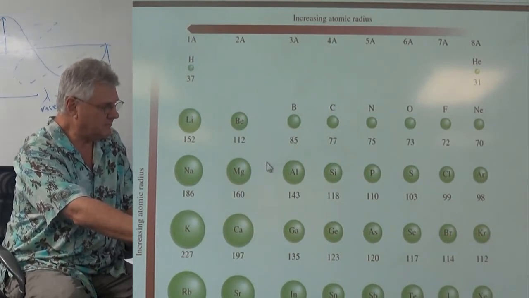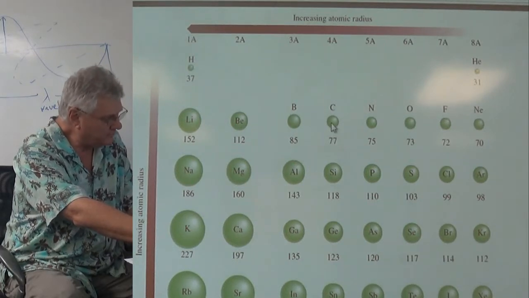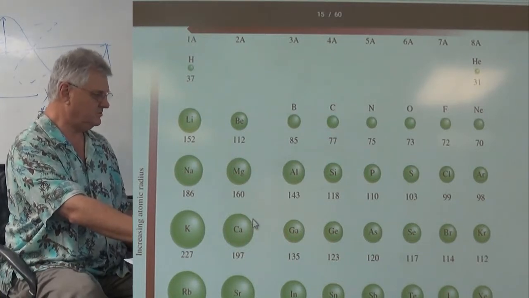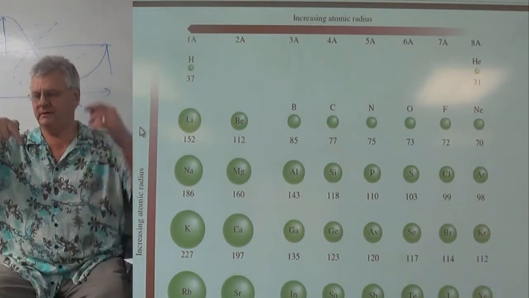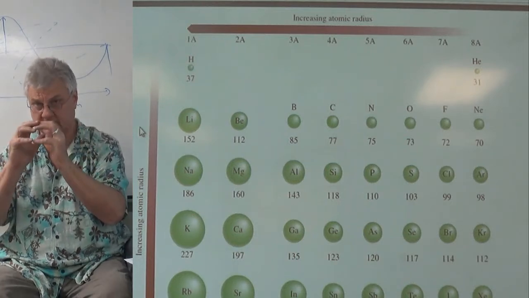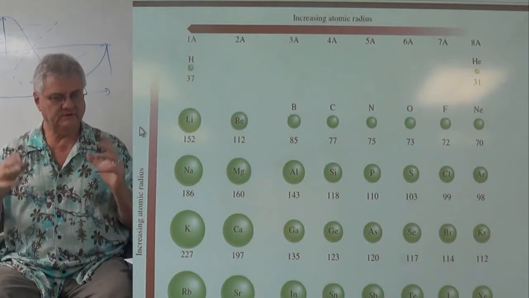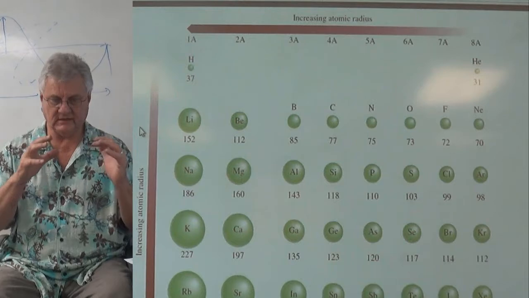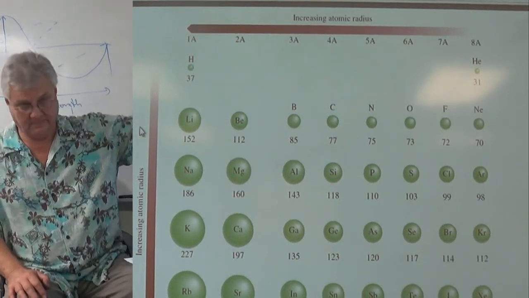We're skipping some of them here, but you're adding a proton going from boron to carbon to nitrogen, oxygen, and fluorine. You don't see the trend here too well, but generally speaking, when you keep putting positive charges in the nucleus, it pulls the orbitals in. There's more effective nuclear charge, and it has a tendency to pull orbitals in and make the atoms smaller when you go from left to right on a period, okay?